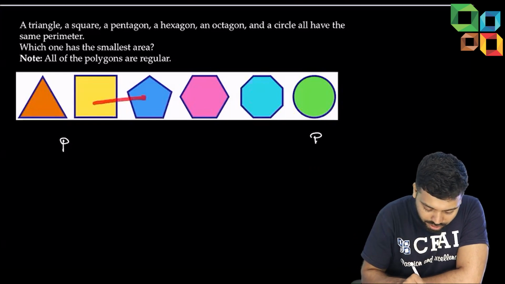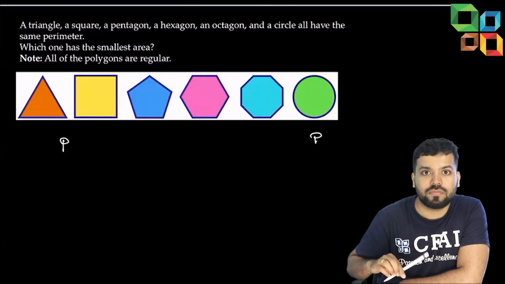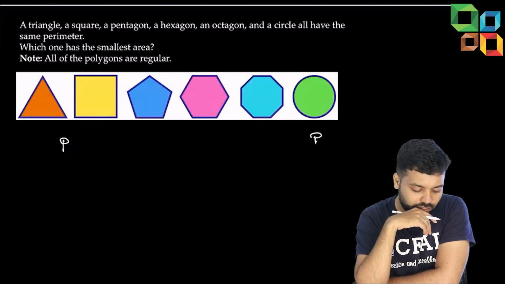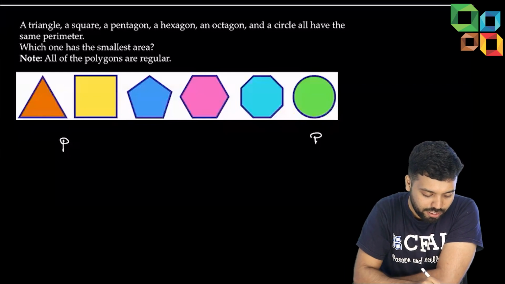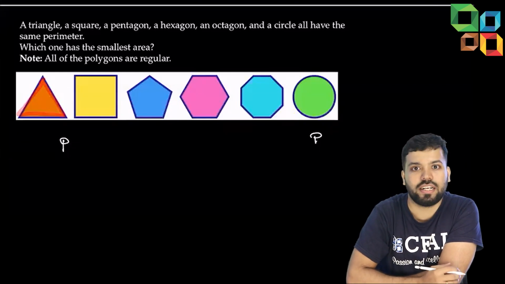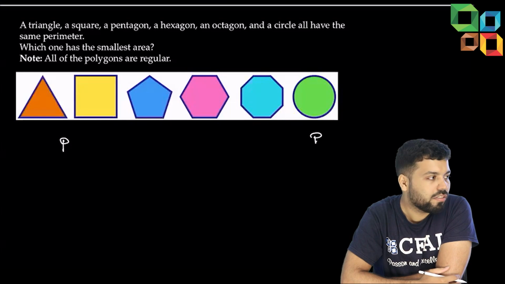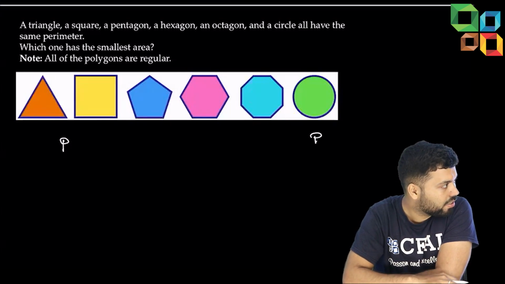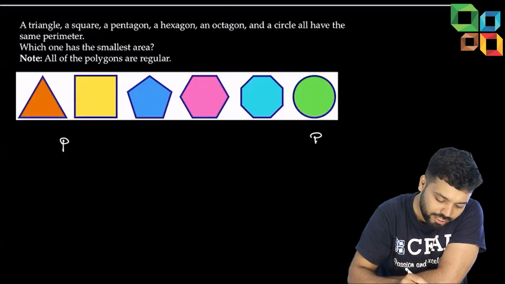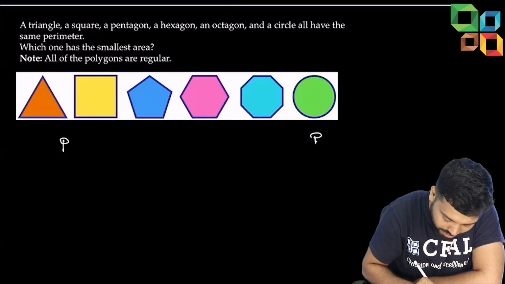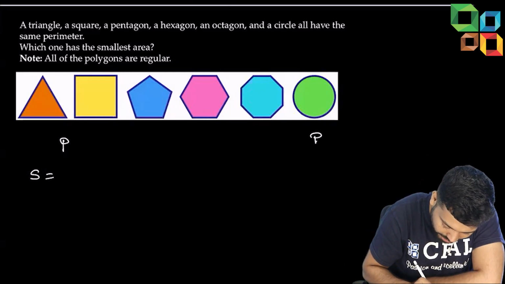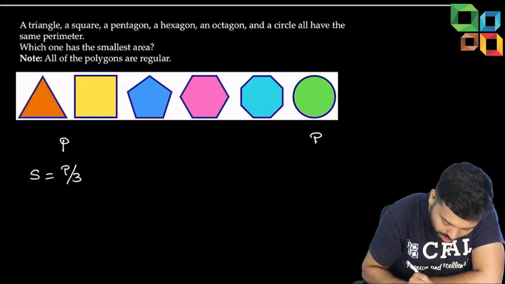Then we'll worry about the rest of the things. If P is the perimeter of this equilateral triangle, what is the side length? P by 3. So the side length will be P by 3.